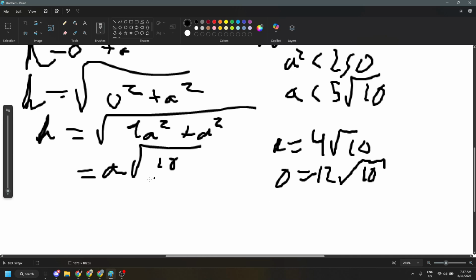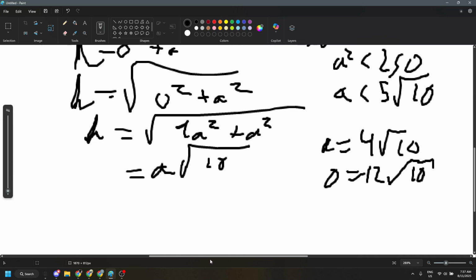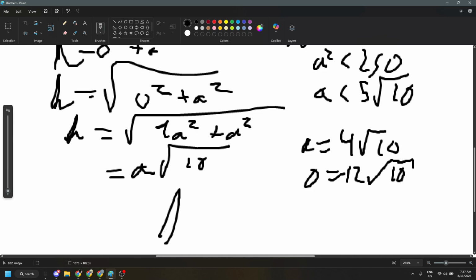Oh, because if these aren't integers, then this isn't an integer, I think. Am I correct? I think I'm correct. Because if I do 4.5, then it'd be 0.25, and then I need to get 0.75, which I can't.